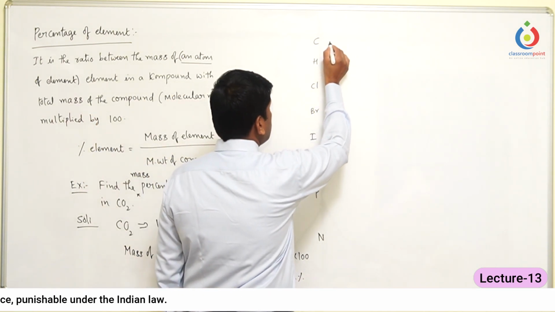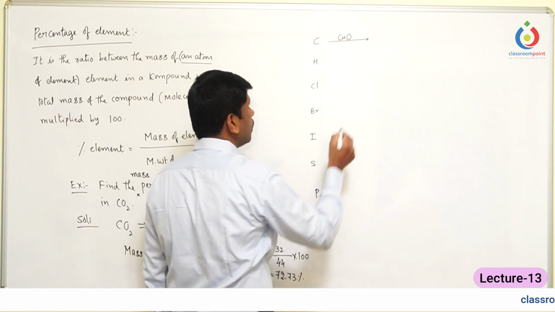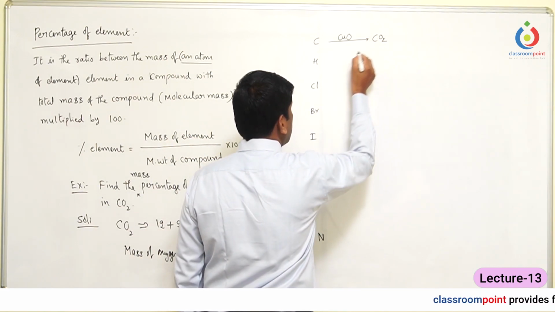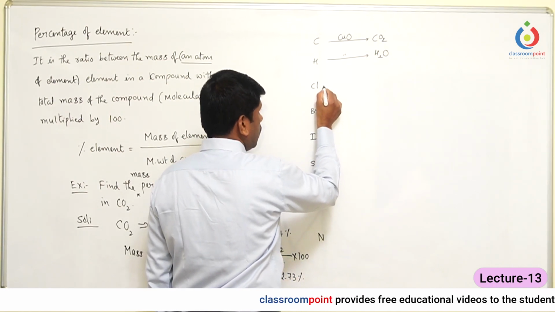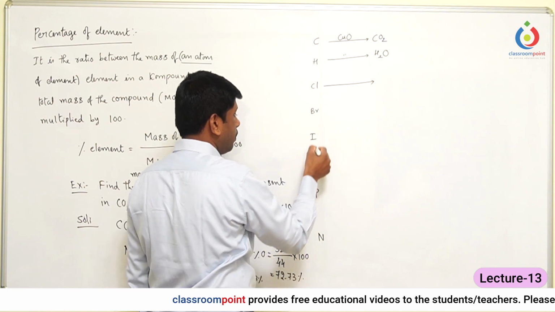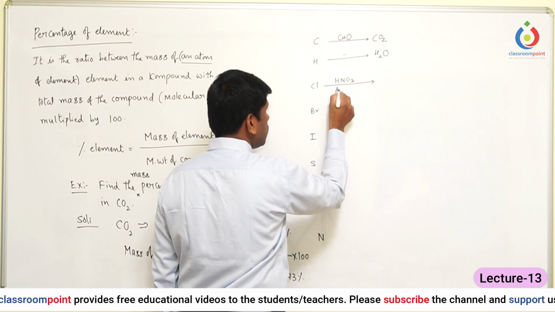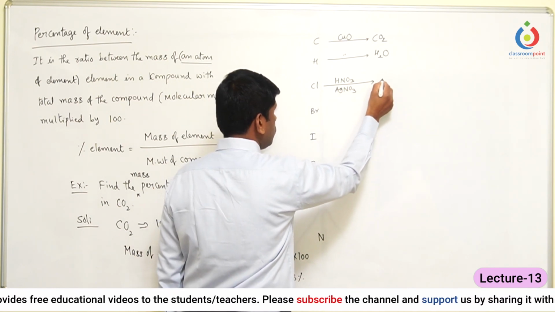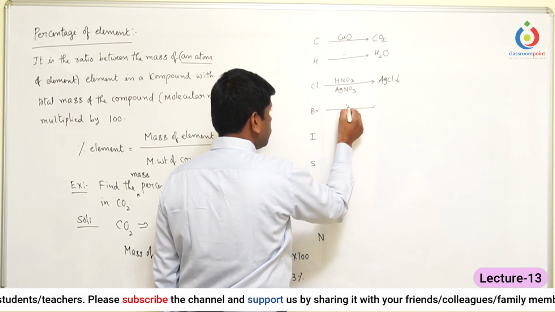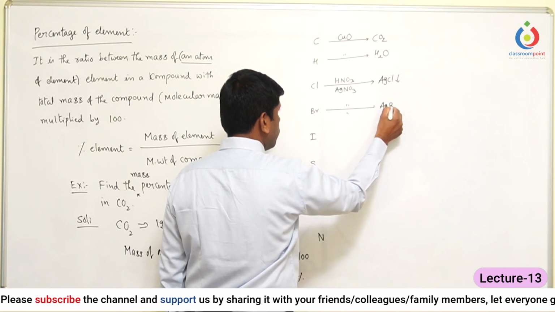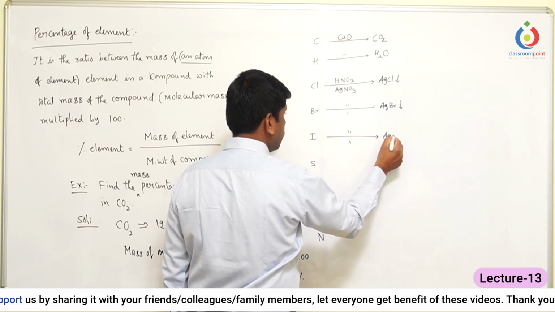Whenever these elements are present in the organic compound, when you treat with cupric oxide, carbon shall be converted into carbon dioxide, whereas hydrogen shall be converted into water. In the case of the halogens, chlorine, bromine, iodine, we have to use concentrated HNO3 along with silver nitrate, so that chlorine gives silver chloride, whereas bromine gives silver bromide, and iodine gives silver iodide.